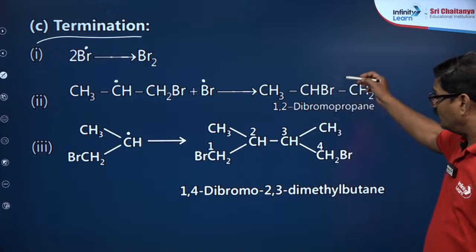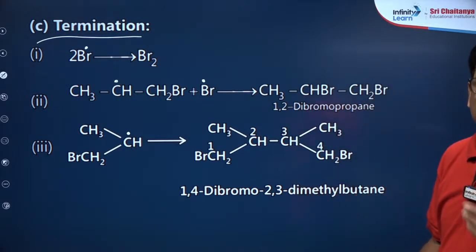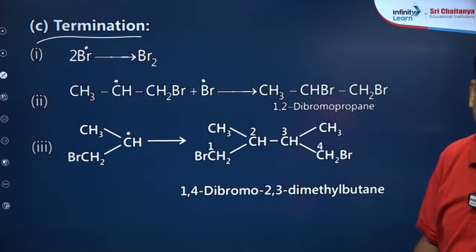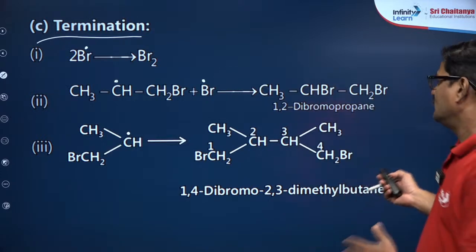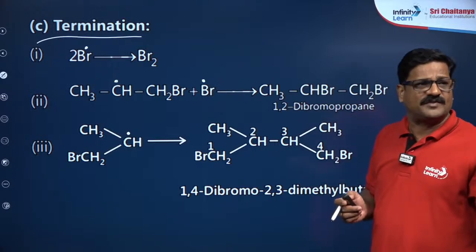So these are the various side products that can be formed during free radical addition of alkene with HBr. These are minor products, traces of the compound.